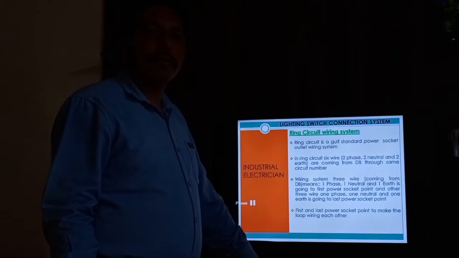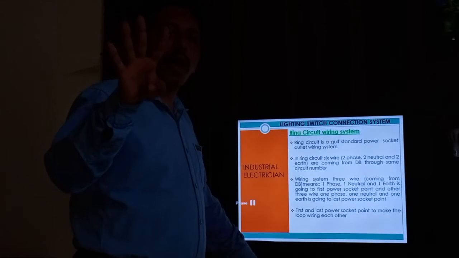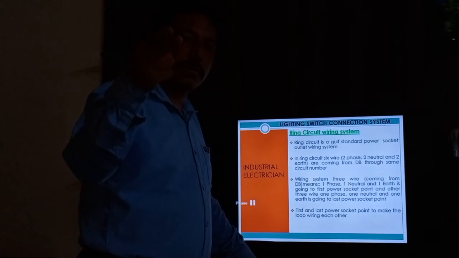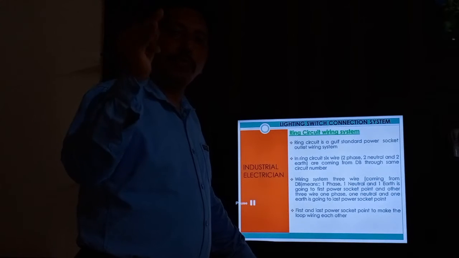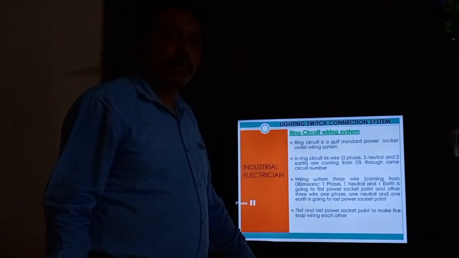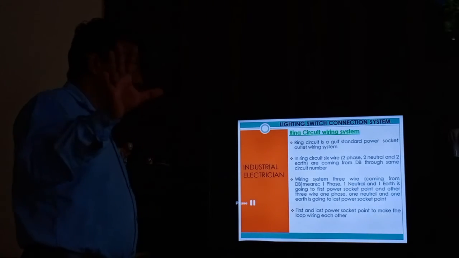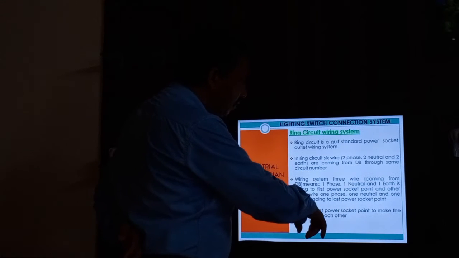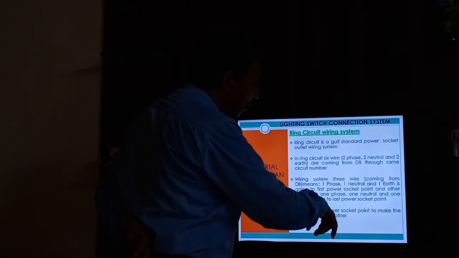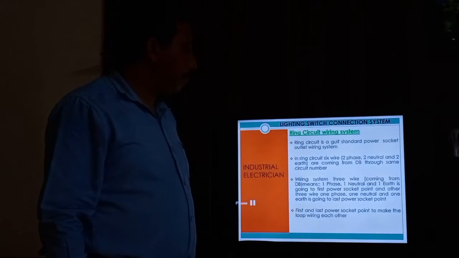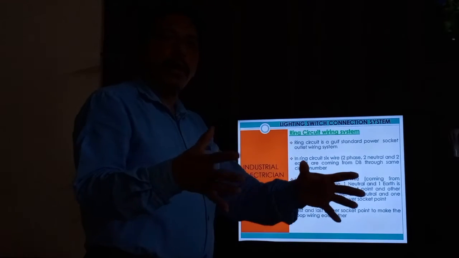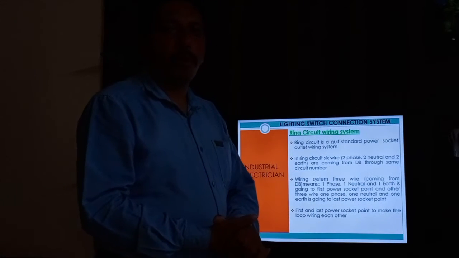Each point needs 6 wires: 2 same color code phase wires, 2 neutral wires and 2 earthing wires. And the first and last power socket points make the loop wiring with each other, and we can make the loop wiring between the other points also.